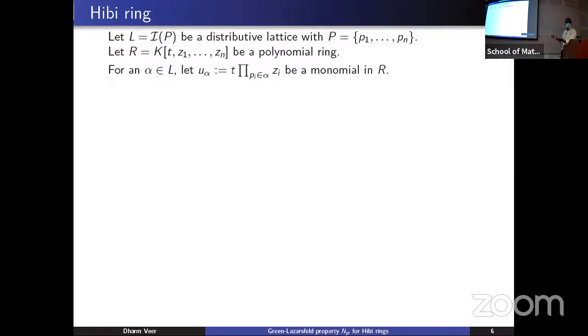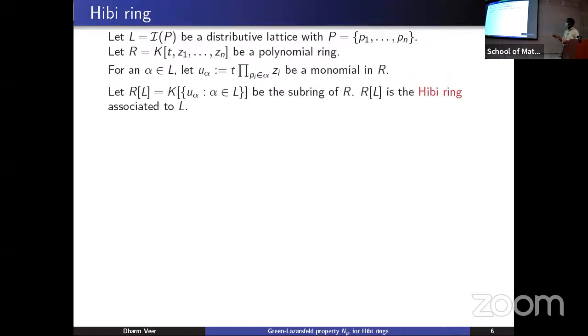If pi is in alpha, we take zi there, and then we take the product of those. Let R_L be the subring of R generated by these monomials. This ring R_L is called the Hibi ring associated to L.